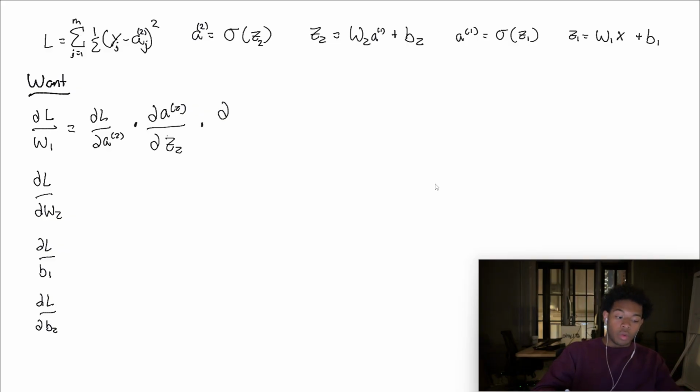Ooh, all the way. This is where the motivation is going to end up coming from. We should do W2 first. That is the upstream gradient that we're going to pass forward.